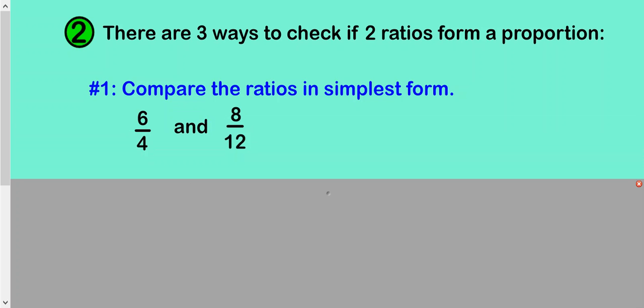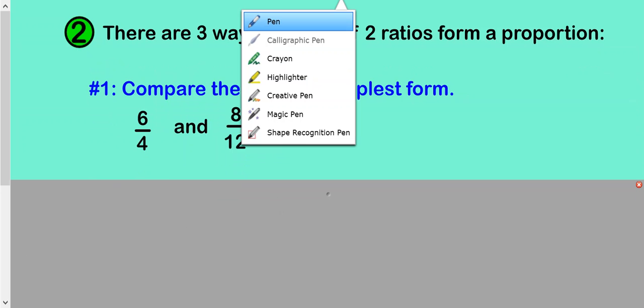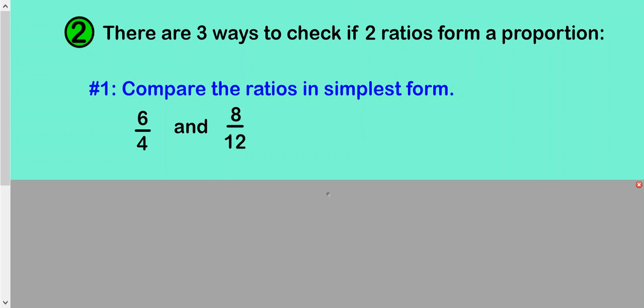Okay, so here's an example. We got 6 to 4, or 6 over 4, and 8 over 12. Okay, so if we simplify these two ratios, alright, let's simplify. So 6 to 4, we can divide both of these by 2, and we would get 3 over 2.